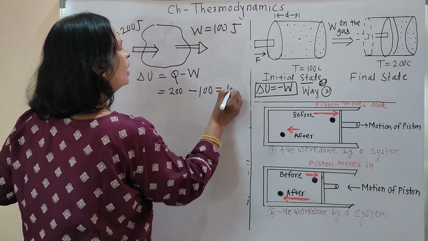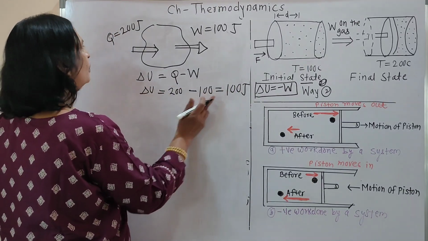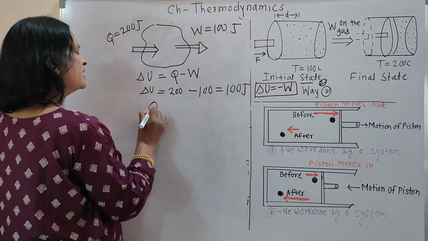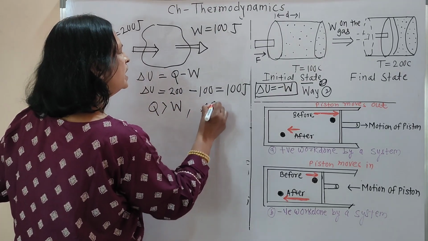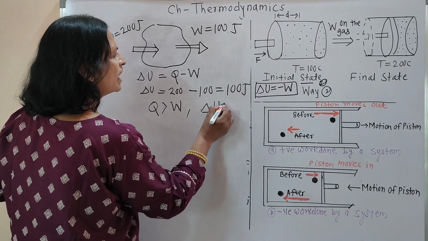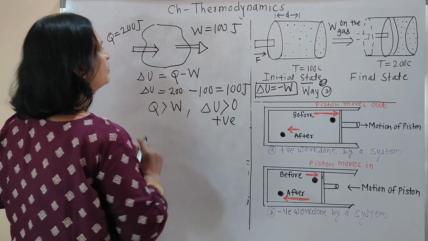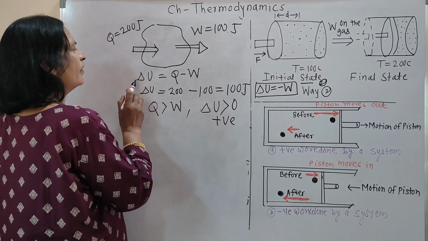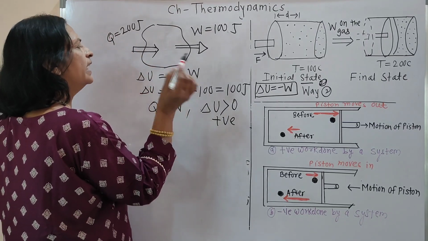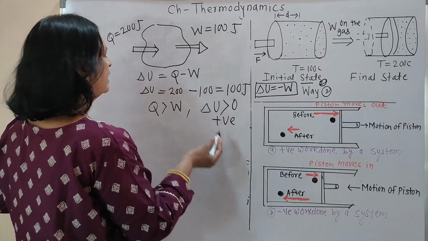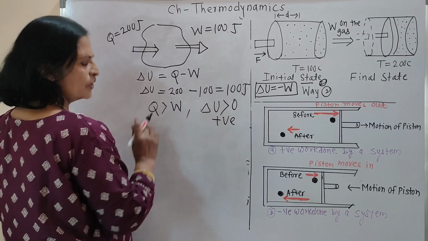It means delta U is positive. When Q is greater than W, the change in internal energy is always greater than 0, or positive. This is the first case. When the heat supplied to the system is greater than the work done, the change in internal energy is always positive.